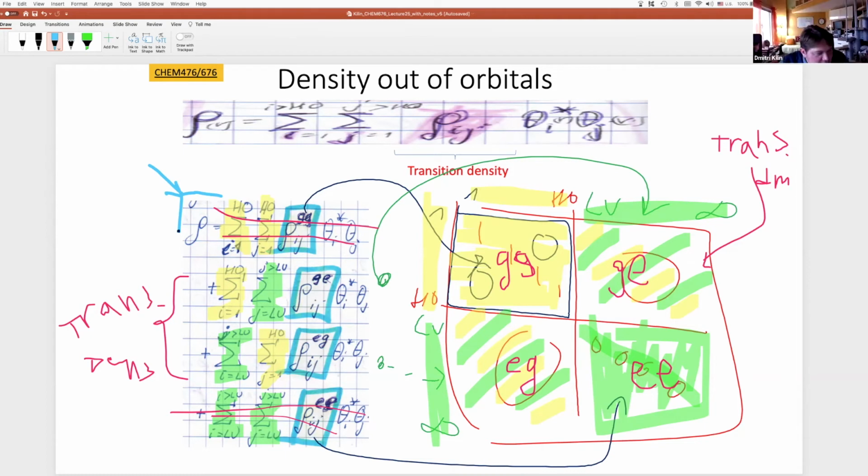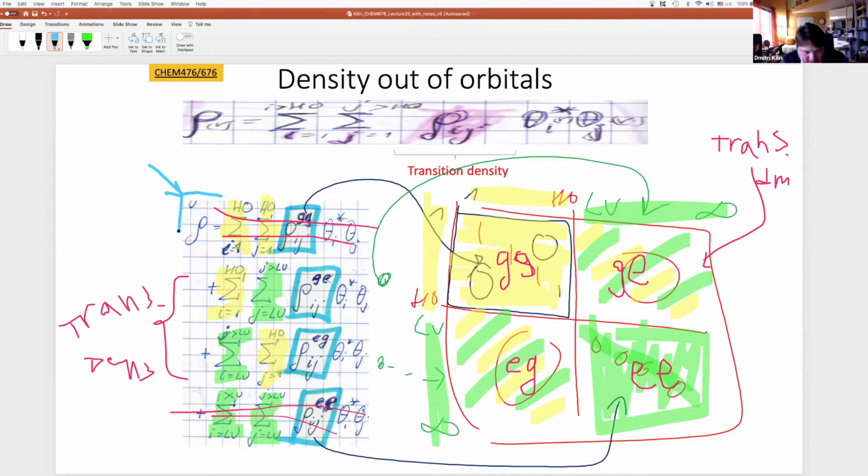Lina, will you please comment on what you see and how you interpret it? Okay, so I see here the density of the electron is depending on two states. In the first one, we have the ground state part. There's no transition. But in the second and third, there is a transition between the ground state and the excited states.